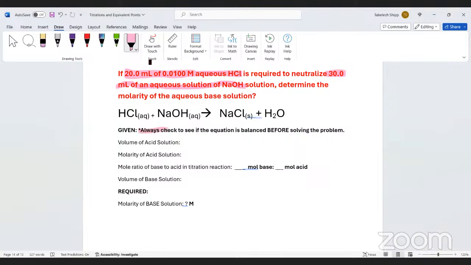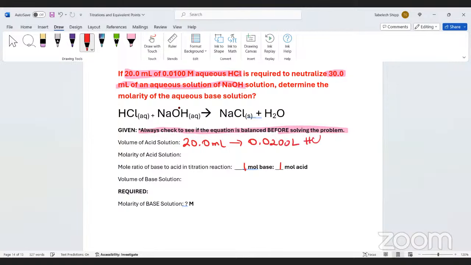And that's based on this step right here, making sure that our chemical reaction is properly balanced, which in this case it is. This is a 1-to-1 ratio. So we're good right there. The volume of the acid given in this problem was 20.0 milliliters that we're going to convert to what? Liters.